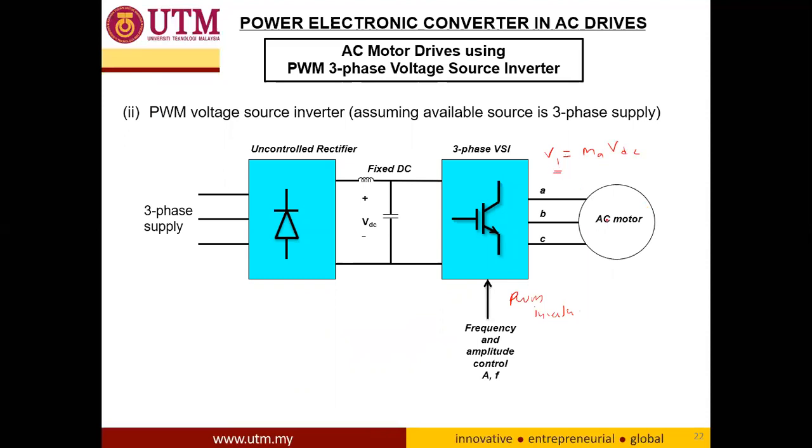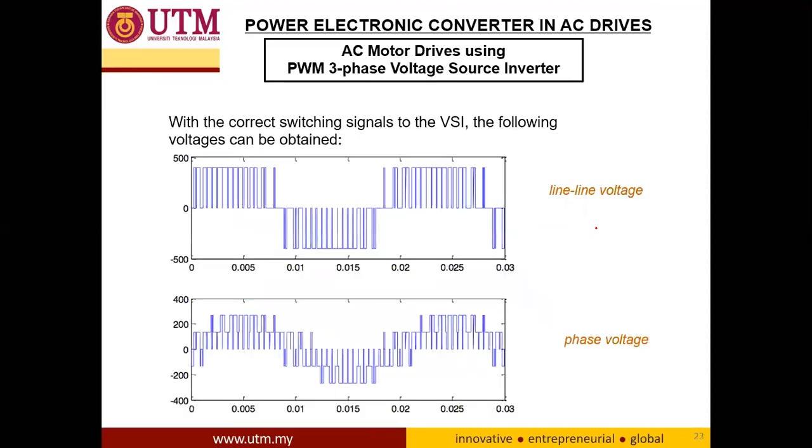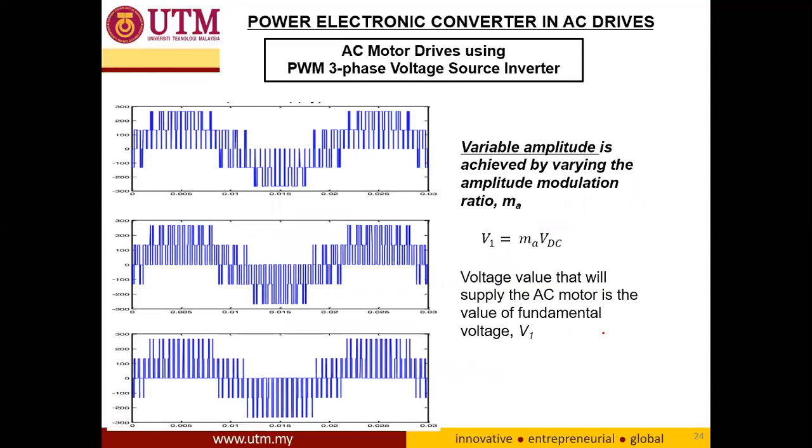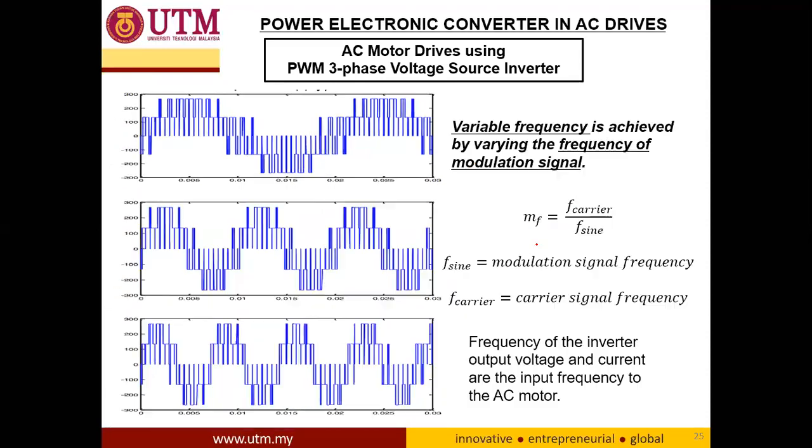This is the line-to-line voltage waveform, and this is the phase voltage. And as you can see, the variable output voltage can be achieved by adjusting the modulation index or the modulation amplitude. And the frequency can be varied by adjusting the sinusoidal frequency, which is your modulating frequency.